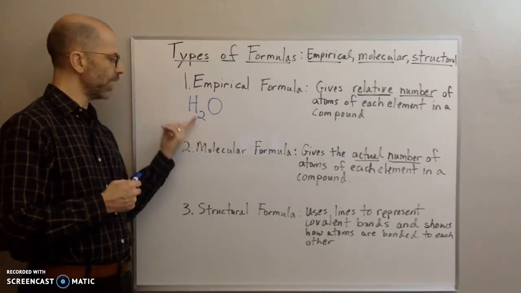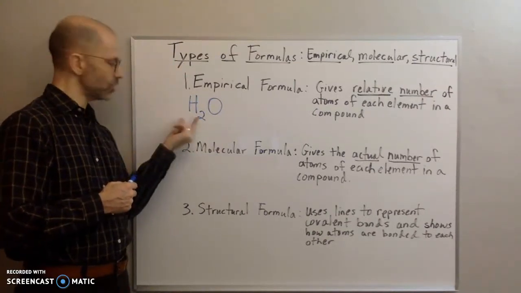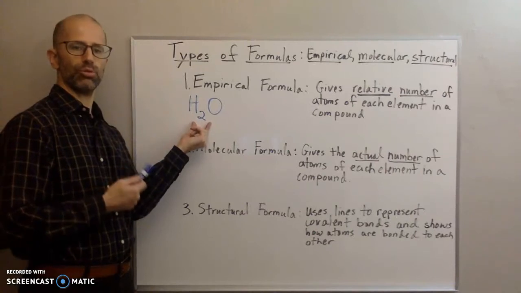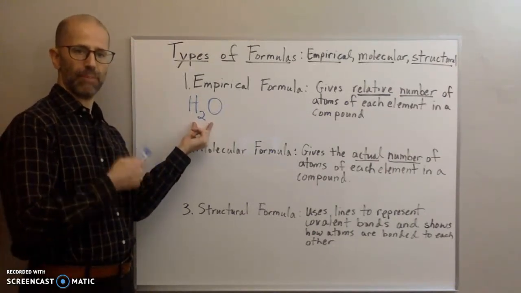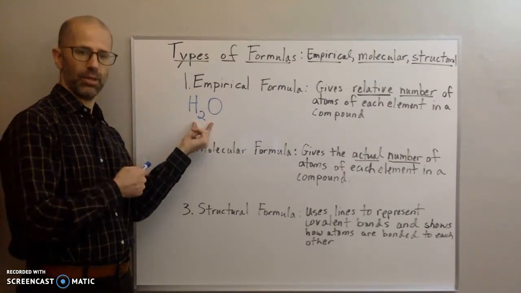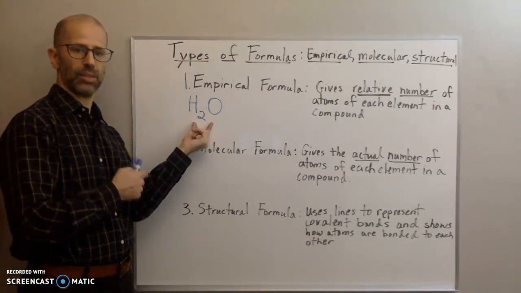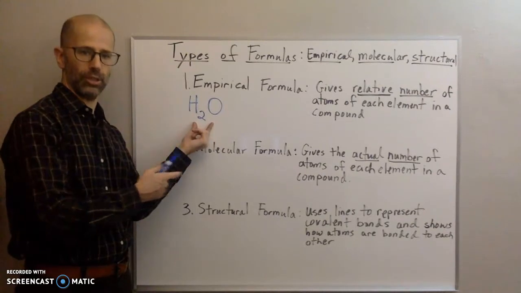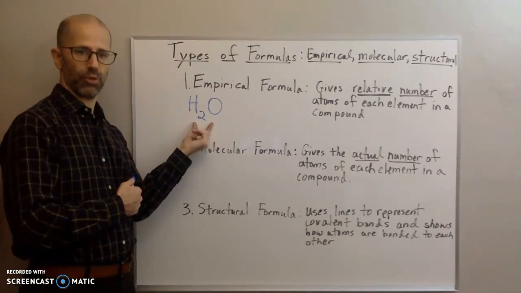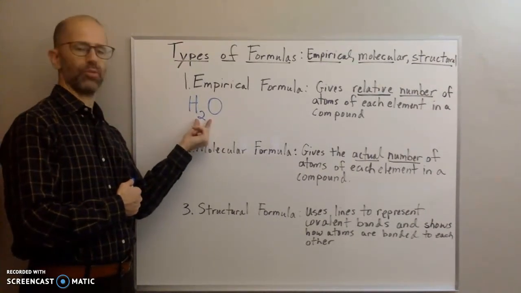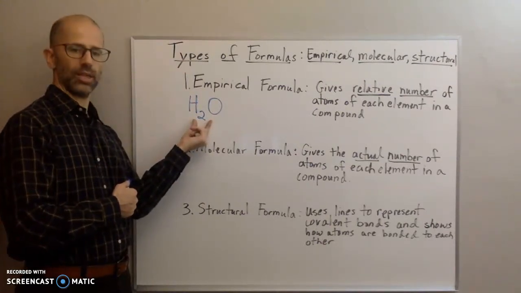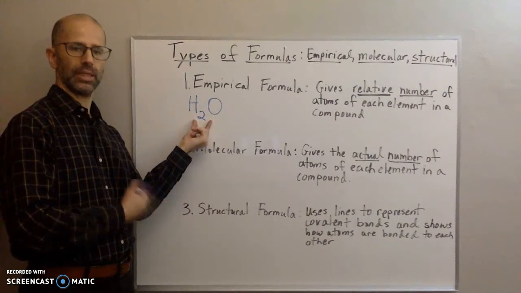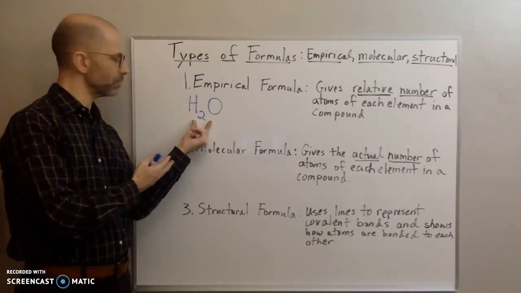So we have 2 hydrogen. The subscript 2 tells us the number of that particular element, how many atoms of that element. And the subscript 2 comes after the element that it is referring to. So this subscript 2 is referring to the hydrogen. So this tells us that we have 2 hydrogens in our formula.